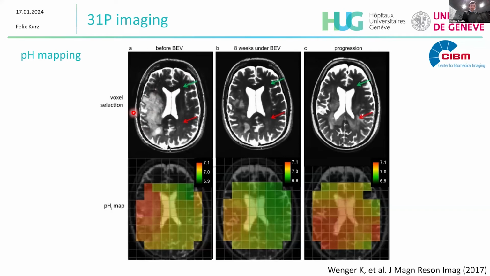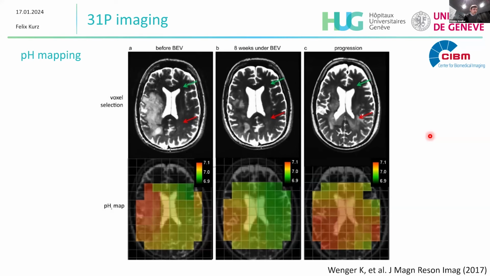And also here you see, when you do this based on this multi-voxel field, you can look at this higher grade brain tumor, see how it basically evolves under antiangiogenic therapy. So you see no real information here, but later, a few weeks later, you see a progression, and inside the area that progresses, you have slightly increased pH value.